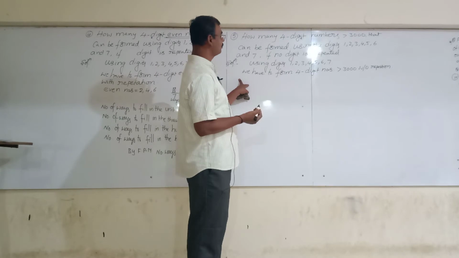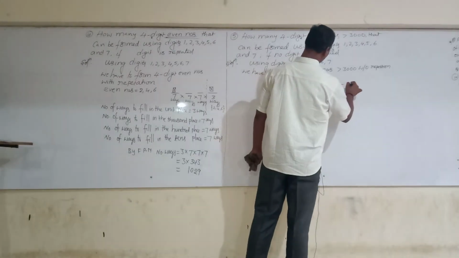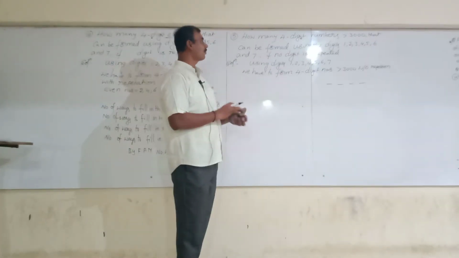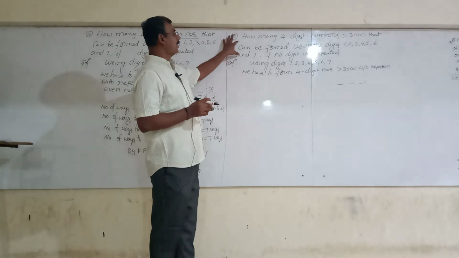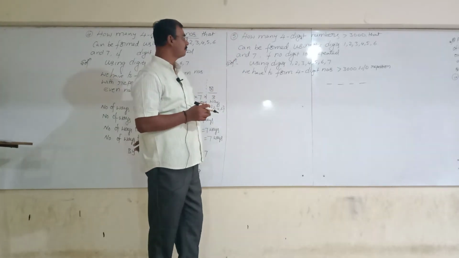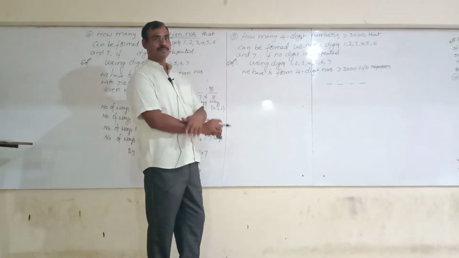Now what do I do? We have to create the positions. The good idea is to create the positions. Here, the primary condition is greater than 3000, and the general condition is that repetition is not allowed.